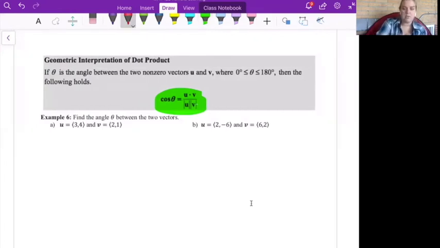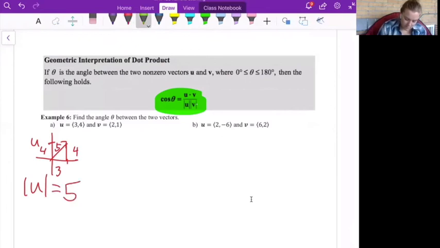So let's sort of look at what is happening here. So for u, where this is 3, our vertical component is 4. So we can draw our triangle like we always do. And so we know that this magnitude is going to be 5 because that's the length of this.